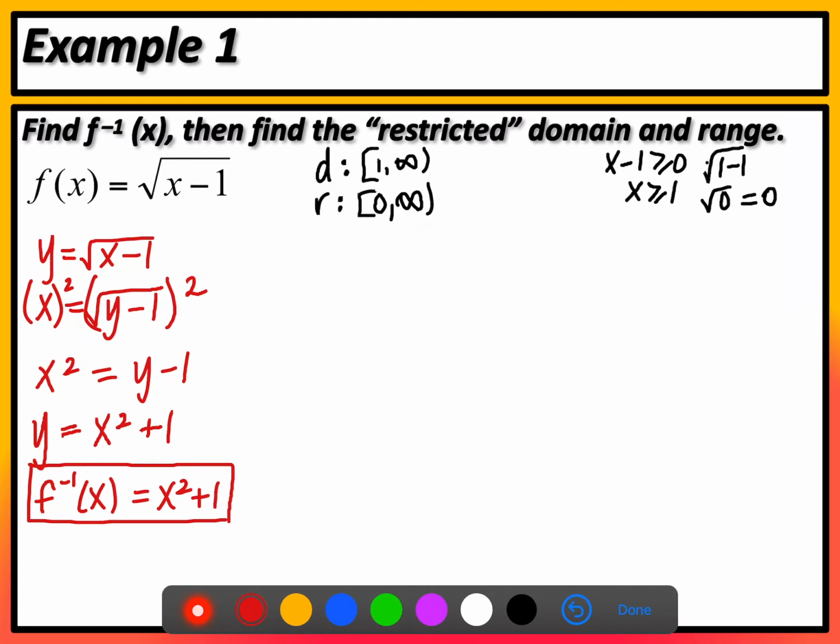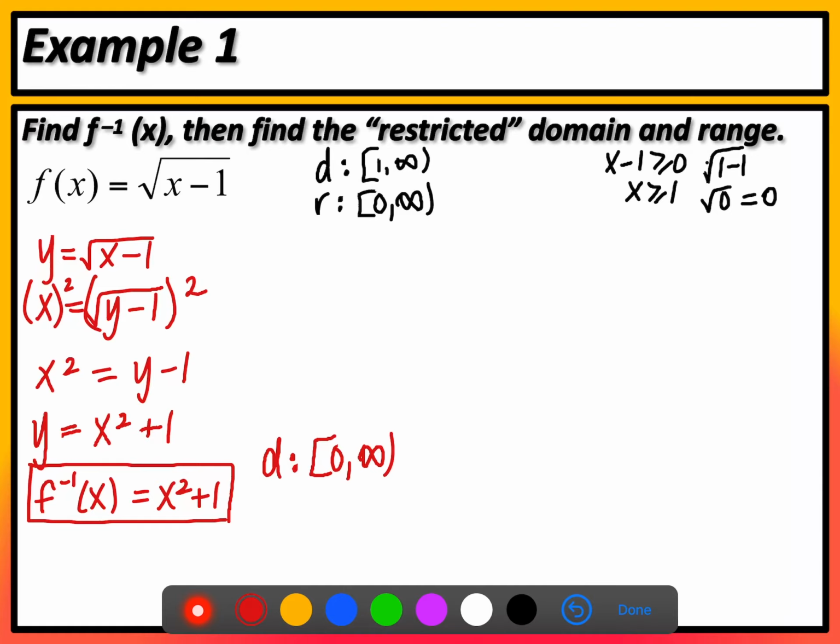All right, so then the domain and range of this. Now, typically, a domain for a parabola is negative infinity to infinity, but you have to take into account what the original function was. Okay, in the original function, the range was 0 to infinity. It was limited. So that means that the domain here is going to be restricted.